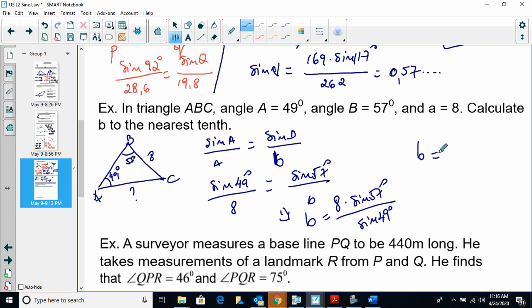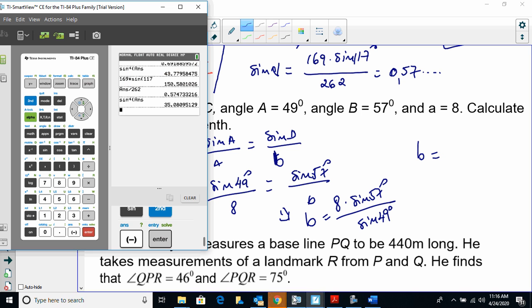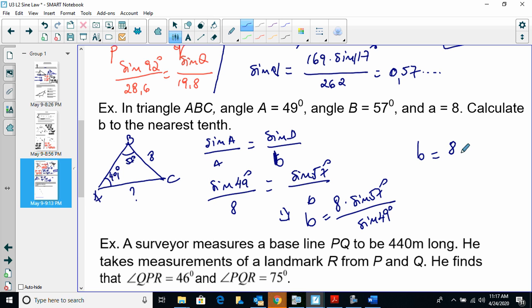So let's plug this in the calculator. 8 times sine 57 divided by sine 49 will be 8.89.